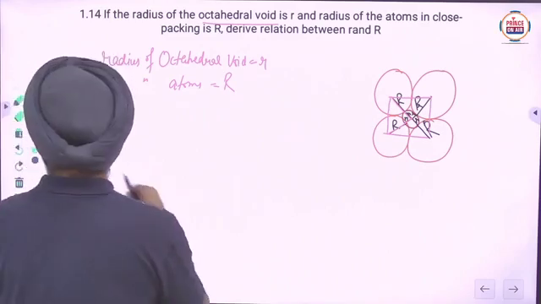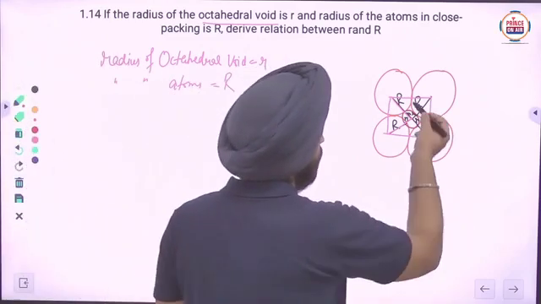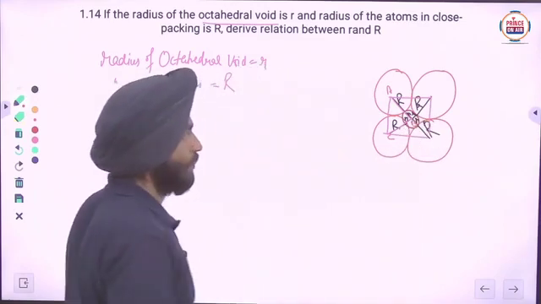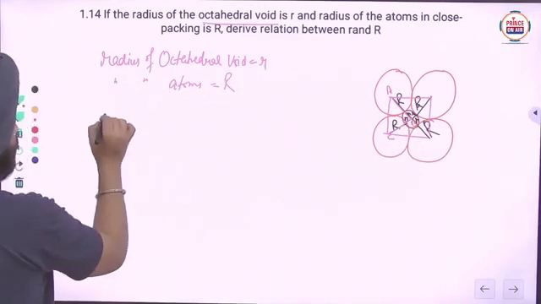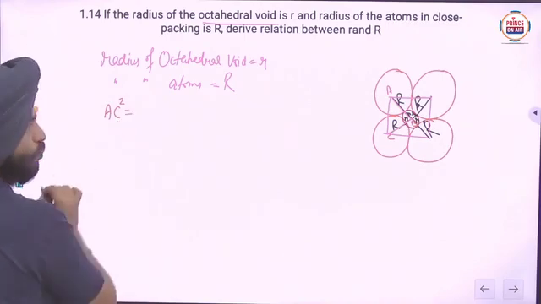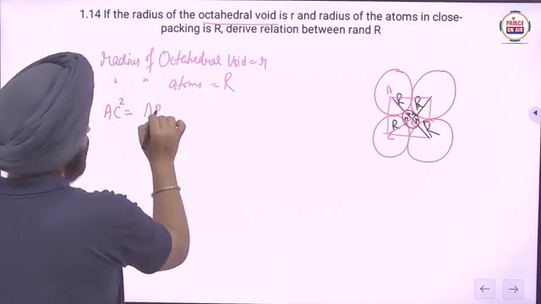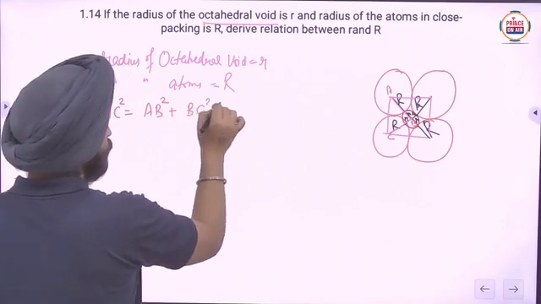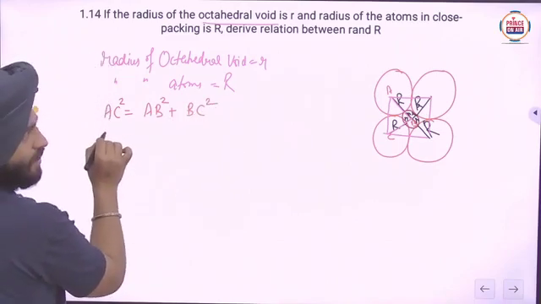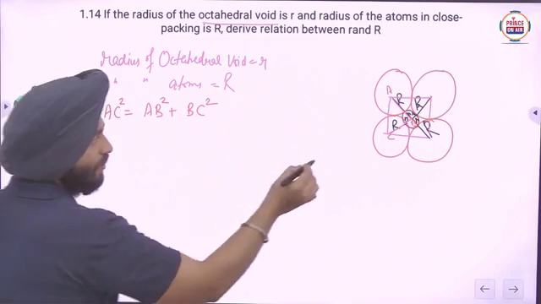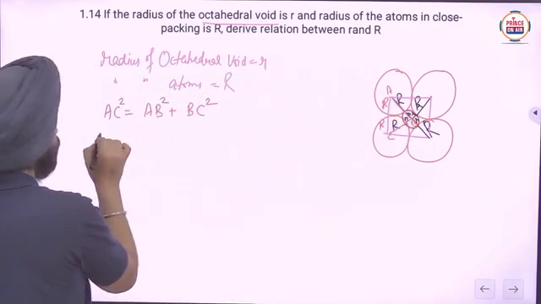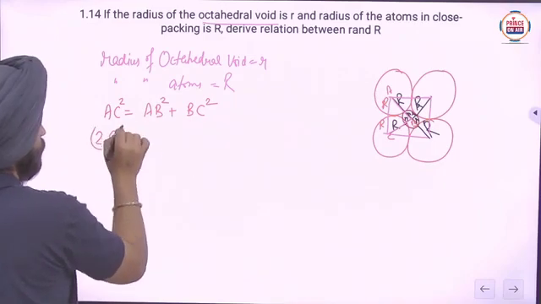We can take any of the right angle triangle here, A, B, C. So here AC square will come out to be AB square plus BC square. AC will be capital R and that is also capital R, so it will be 2R square.